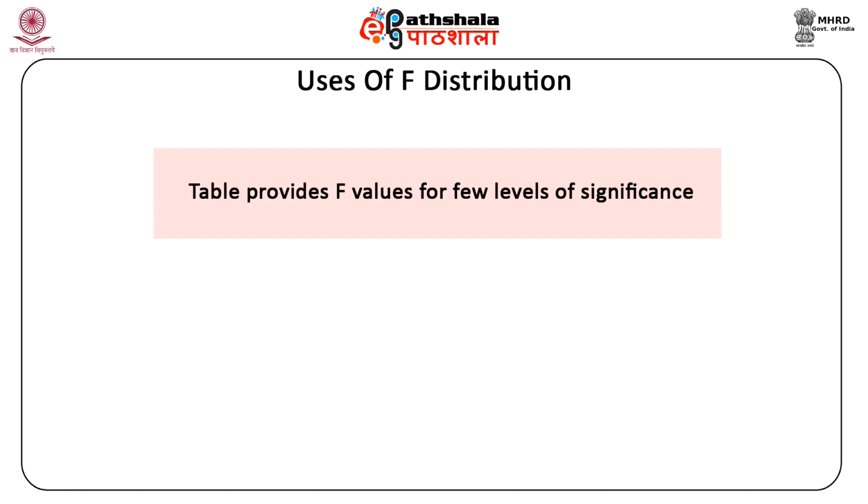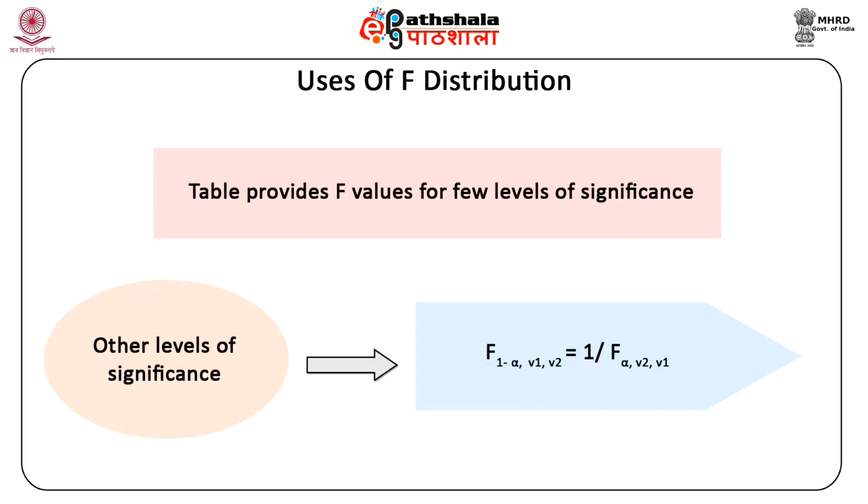In order to find values for the other levels of significance, we use the following result. F of 1 minus alpha, nu1, nu2 is equal to 1 upon F alpha, nu2, nu1.